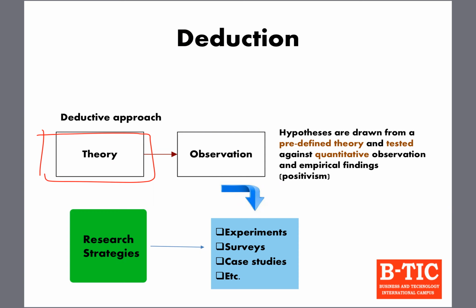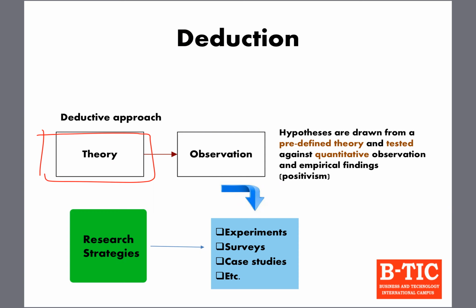Now, COVID came in 2020, I think December 2019 or January 2020. Before that, no doctors, no university knew about this. So if you want to study this COVID, the infection, the impact, the symptoms, the curing, whatever, it is not possible to study it in a deductive approach, because we don't know anything.